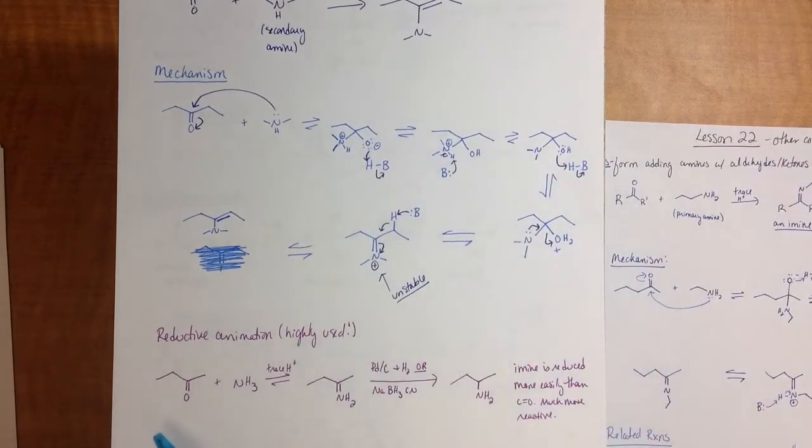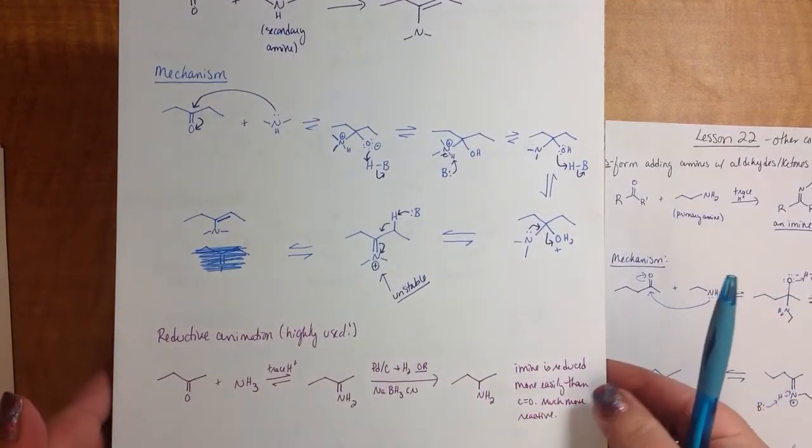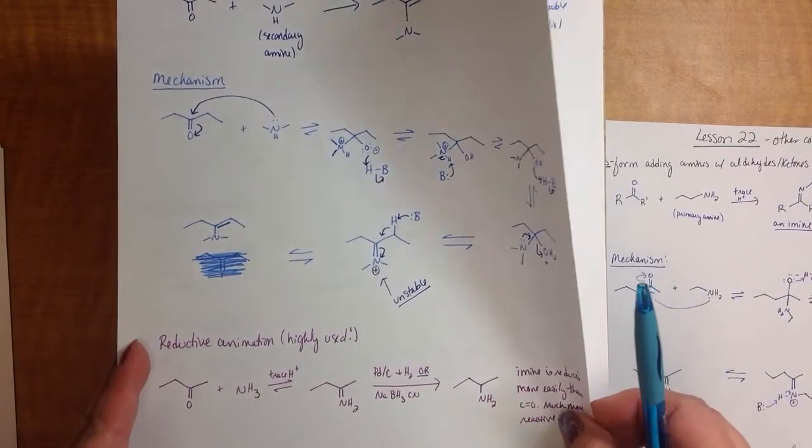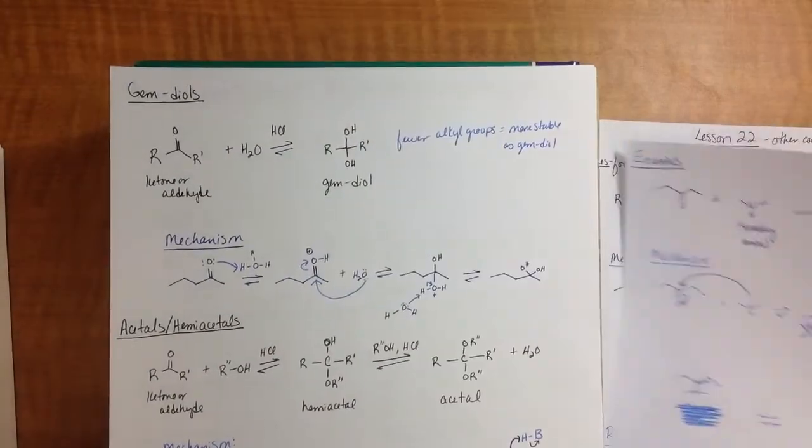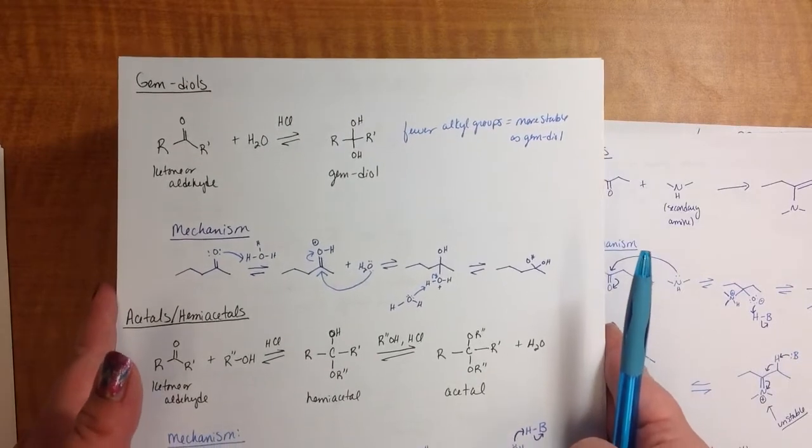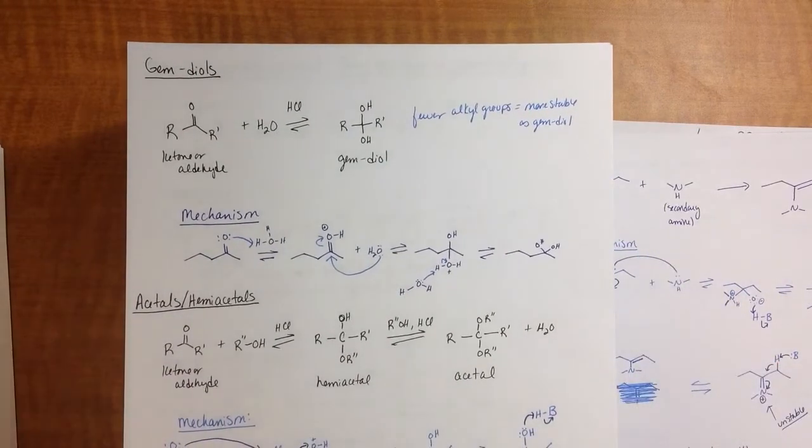So here's what we do often is we use NH3 with trace amount of acids to make your imine, and then you can use NaBH3CN or palladium carbon H2 and end up getting your NH2 out here without a problem. It's just more reactive and it's a little bit easier to use that way. Plus you end up with an NH2 instead of a C double O bond, so you can go between the two.